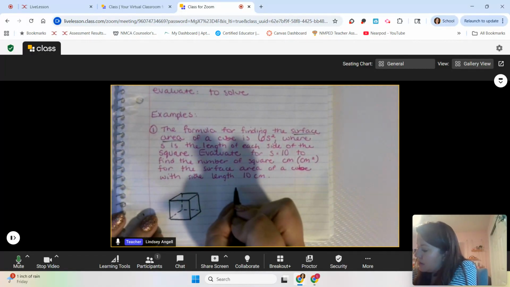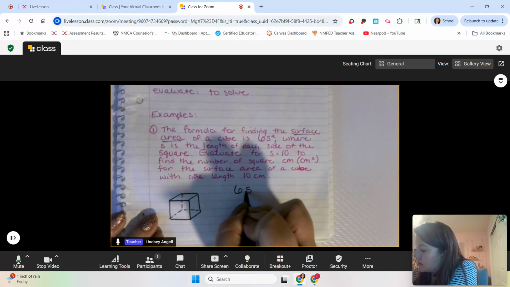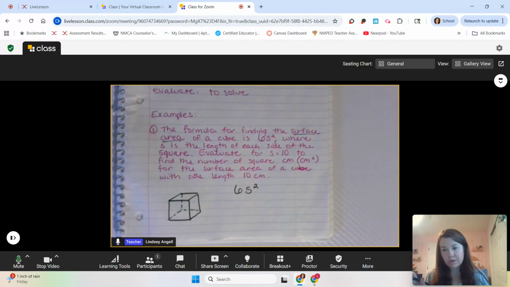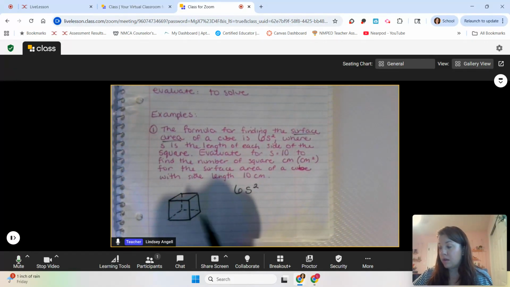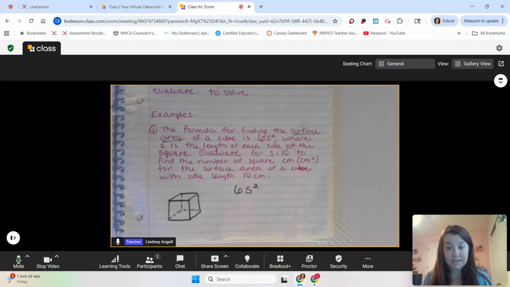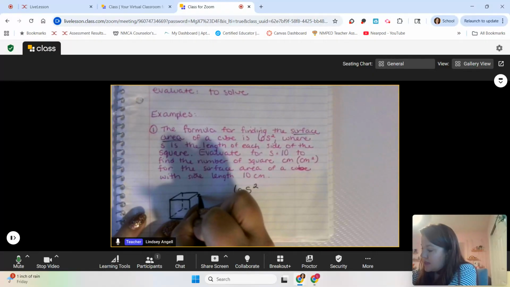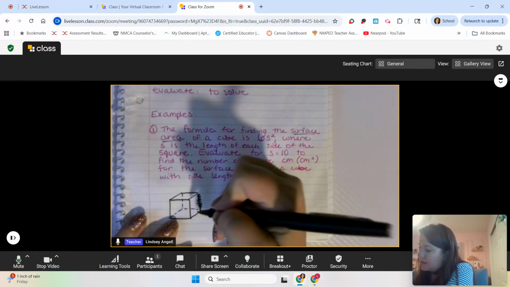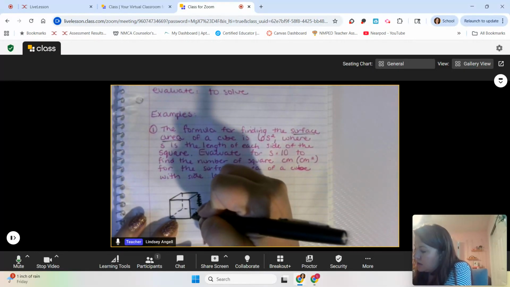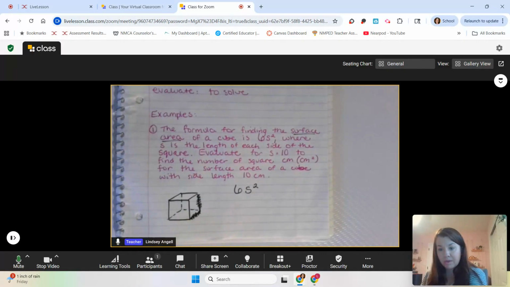And the formula that we need is 6 times s squared. Well, the area formula for rectangles and squares, or parallelograms, is length times width. That's how we would find the area for that one side.